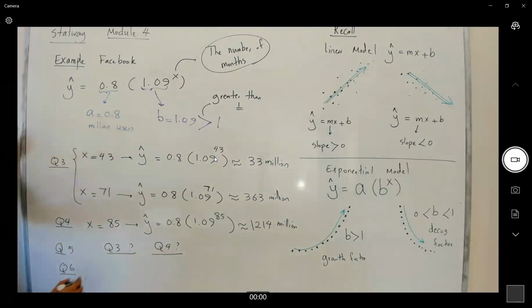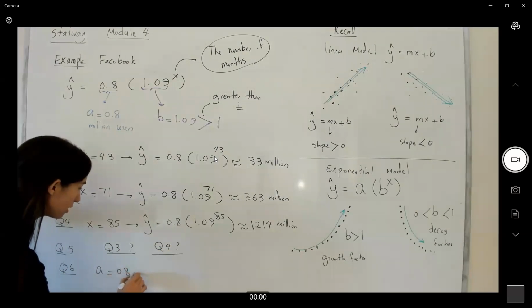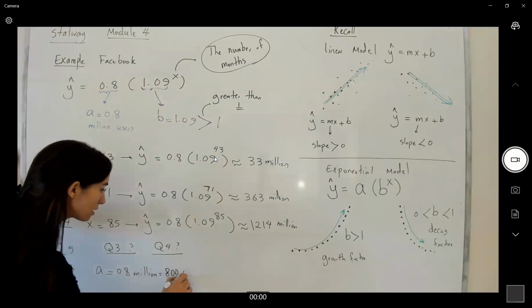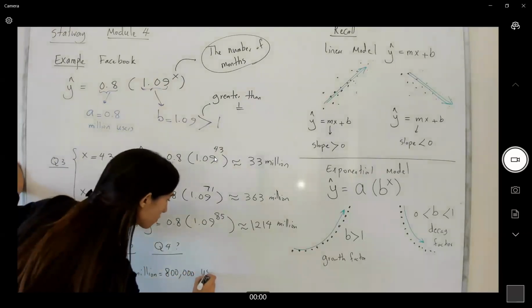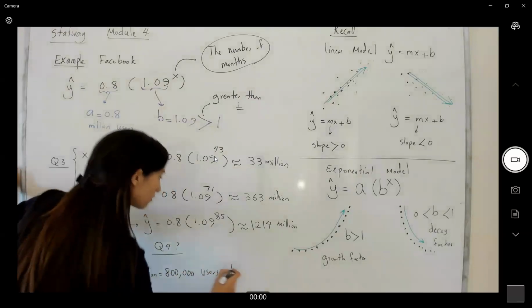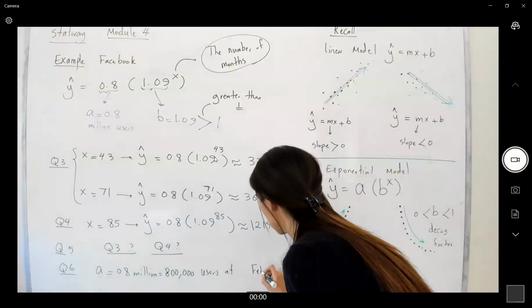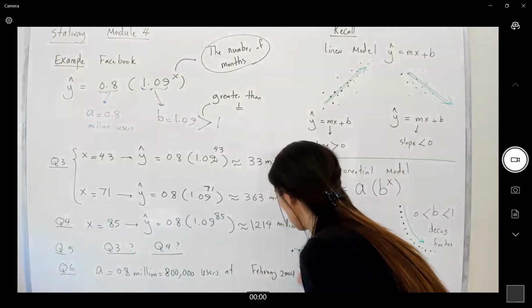Does it make sense? A is 0.08 million or 800,000 users and month of February 2004. Does it make sense?